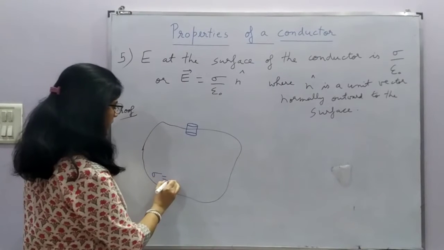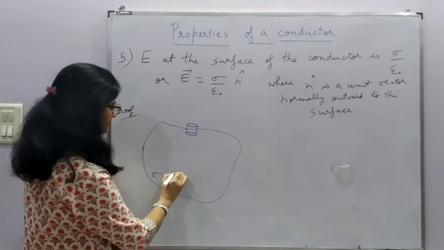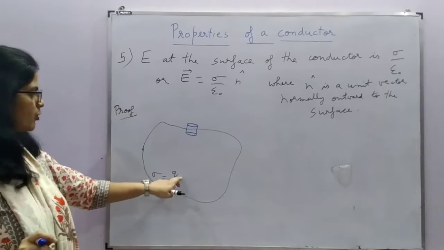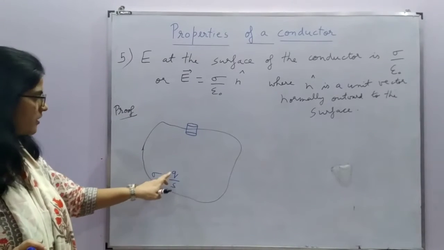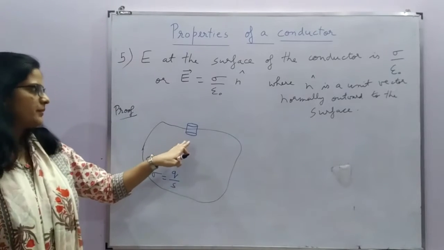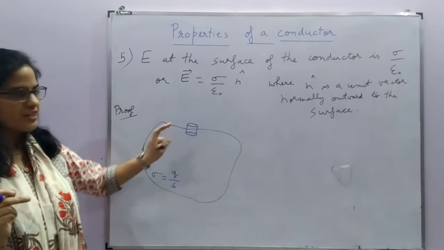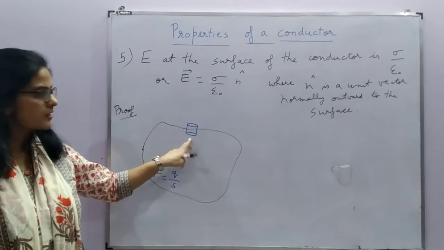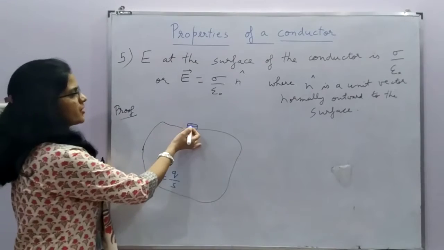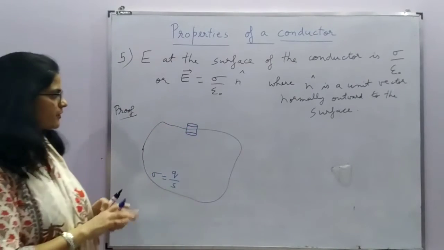If the total area of the conductor is S and Q is the charge, then we can say Q upon S, charge per unit area, is the surface charge density. Now in the figure, I have drawn a bigger size of this small cylindrical pellet, but actually this is very, very small, such that this surface is very near to the conductor surface, right?